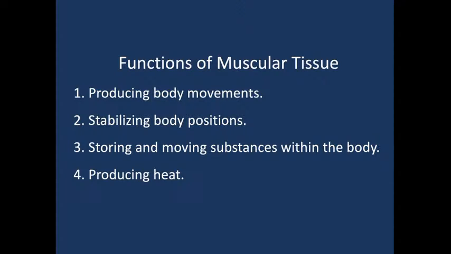Smooth muscle contractions also move food and substances such as bile and enzymes through the gastrointestinal tract, push gametes such as sperm and oocytes through the reproductive system, and propel urine through the urinary system.